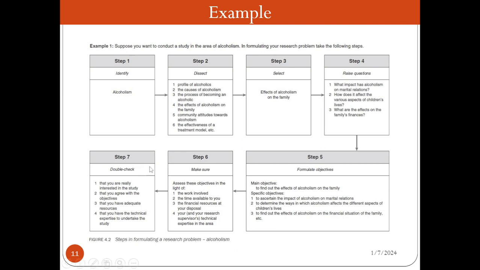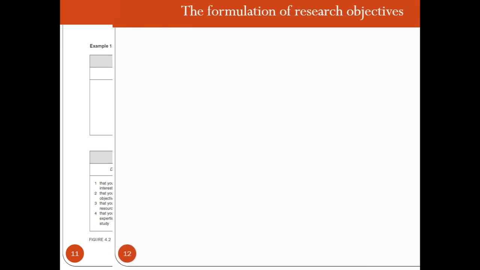And step 7, now you're double checking the entire process, the entire steps. So ranging from identification of the broad area up to the selection of the sub areas, and then selecting one, and then raising questions, up to many things, in order to make sure that the process that you have taken into consideration is really doable and feasible. You can do them.